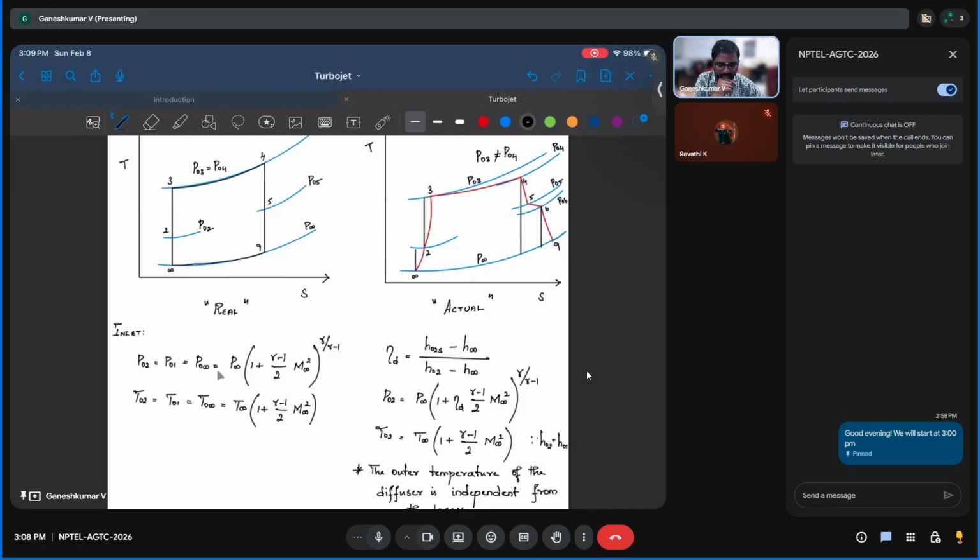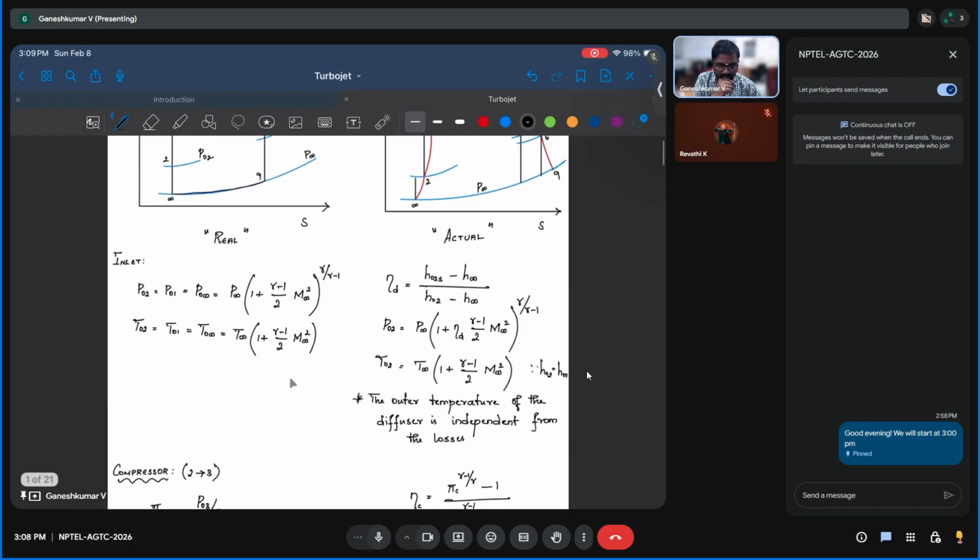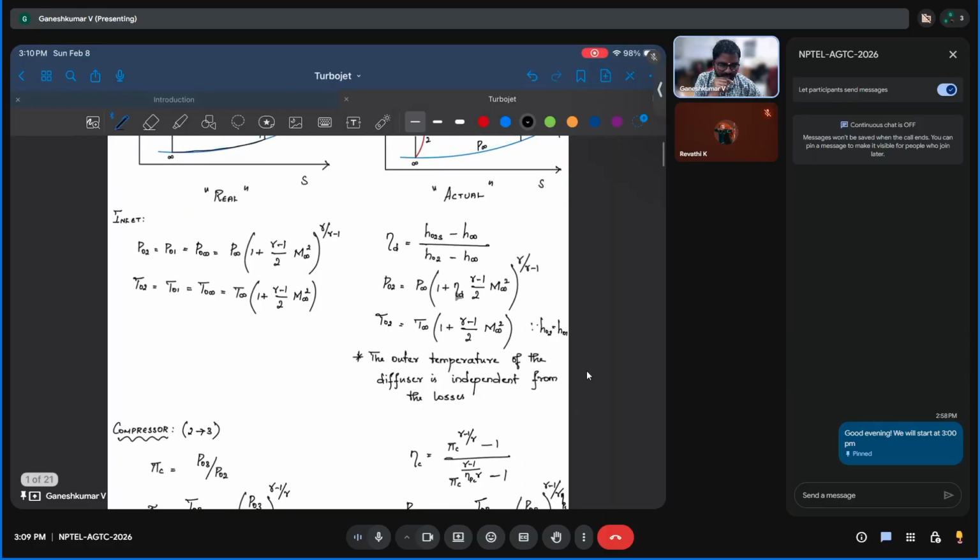From there we can find P02 and T02 based on isentropic flow relations. This could be altered if there is a diffuser efficiency, because it won't be an isentropic process.